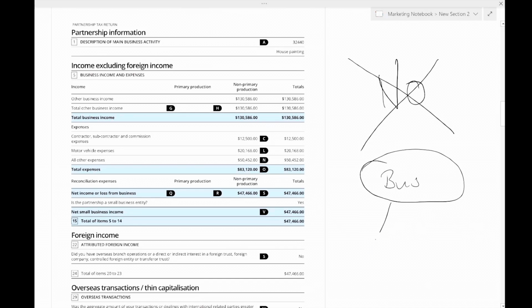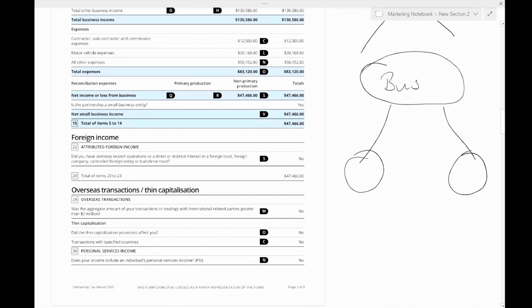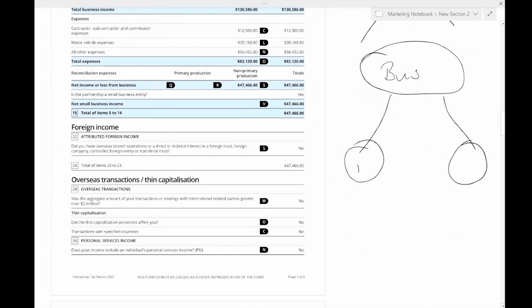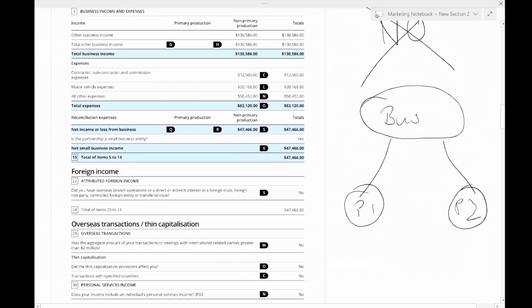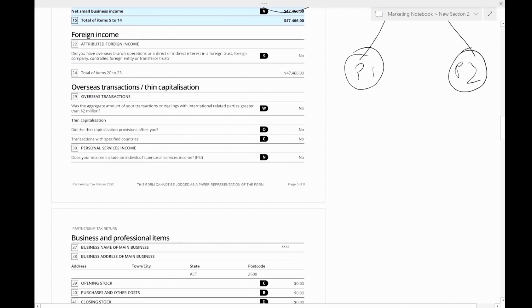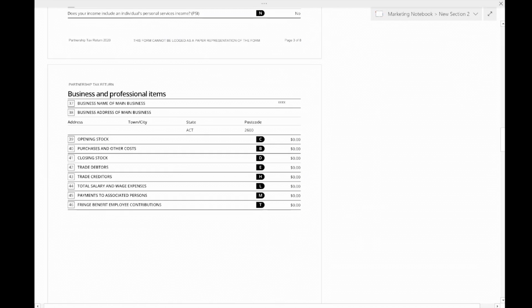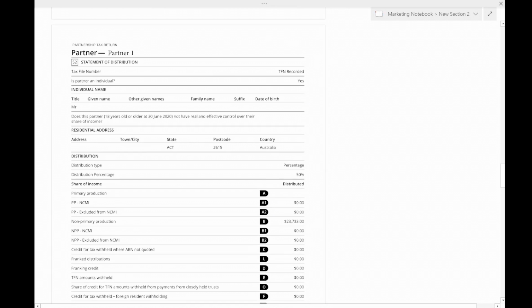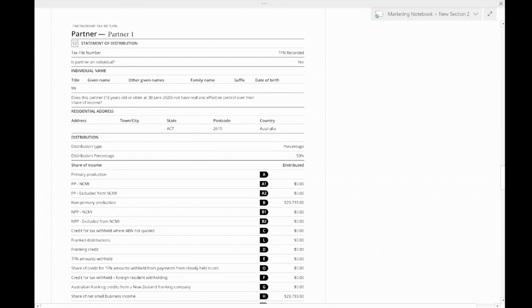So this business has two partners, and therefore profits are distributed to the partners in equal shares. Therefore, once we've calculated what the total net income or loss from the business is, it is then divided into each partner.